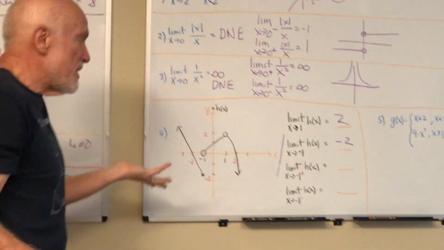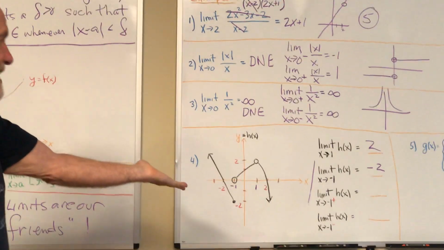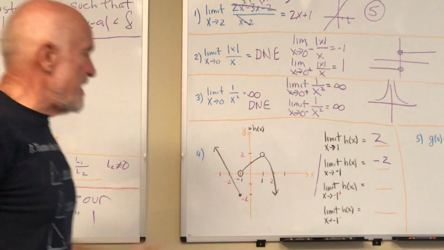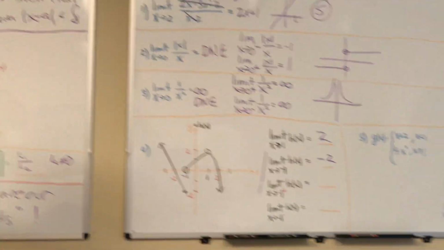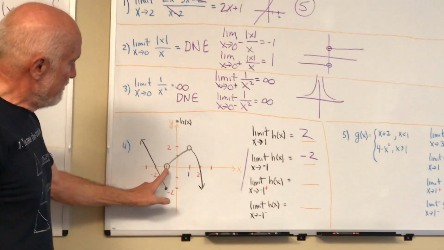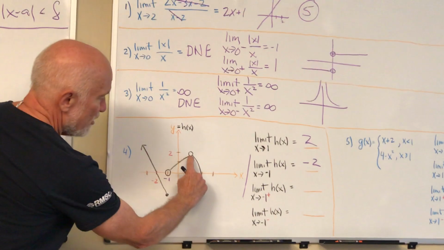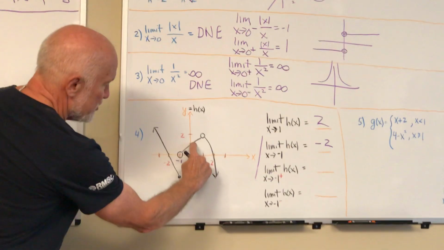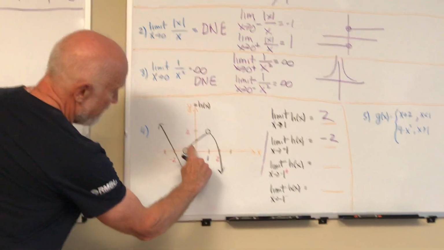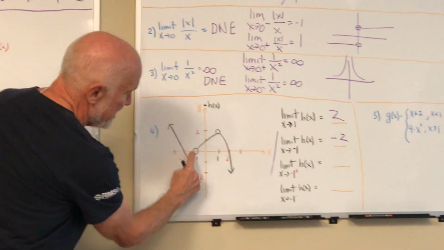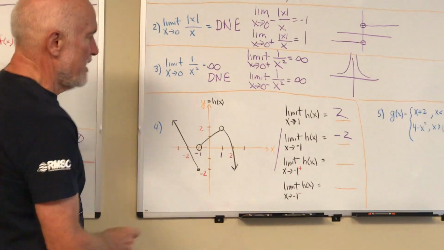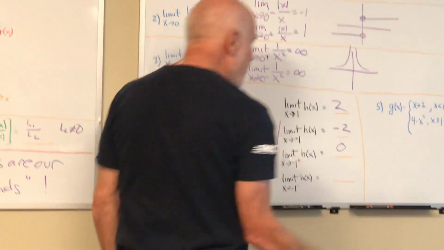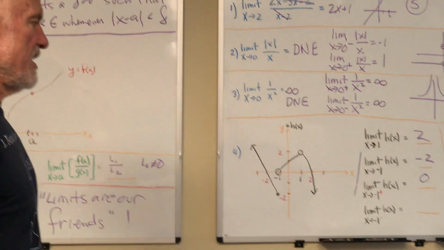Okay, that could actually be a problem you get on a test. You just say -2. What's the limit as you're approaching from the right? Well, just follow with your fingers. What does the function seem to be approaching? The function value seems to be approaching 0. That also could be a problem on a test.